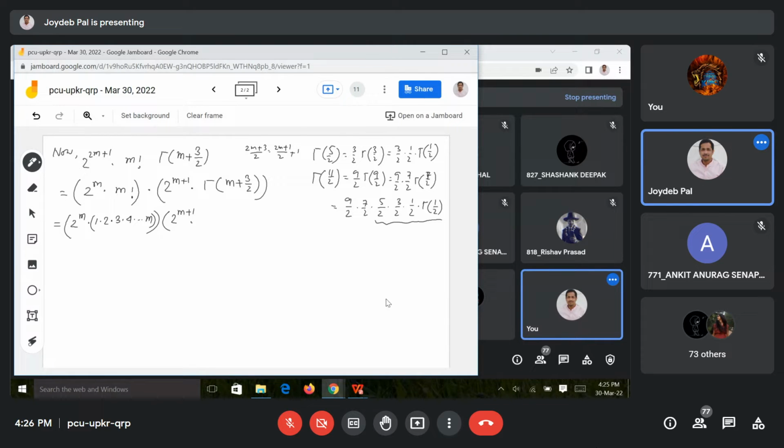So 2m plus 1 by 2, next term will be 2m minus 1 by 2, then 2m minus 3 by 2. In that way after some steps you will get 5 by 2, then 3 by 2, then 1 by 2, then gamma half, right?